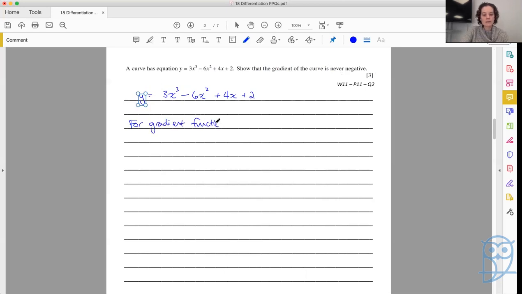For the gradient function, we need dy by dx equals 3 times 3 is 9x squared minus 12x plus 4, the 2 disappears. Now, remember, if you want to see if it's increasing or decreasing, you can't have this x squared and x.